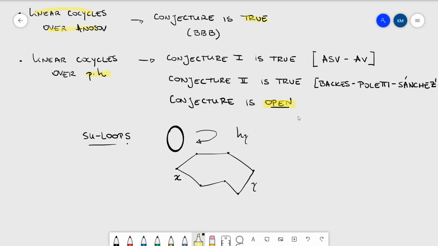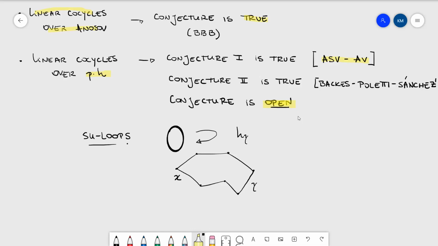The first one is a consequence of results of Avila, Santamaria, Viana and Avila, Viana. This is not stated as conjecture 1 in their papers, but it's a straightforward consequence of the result that they state in these two papers. So for linear cocycles over partially hyperbolic maps, we know that we have an open and dense subset of continuity points. And in this case, we have a characterization. We can give a precise definition of which this set is.